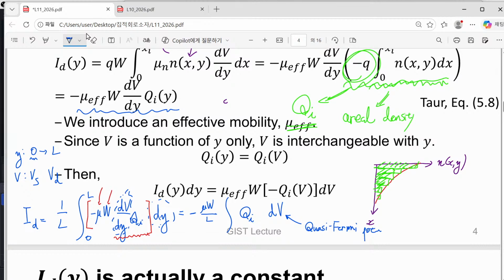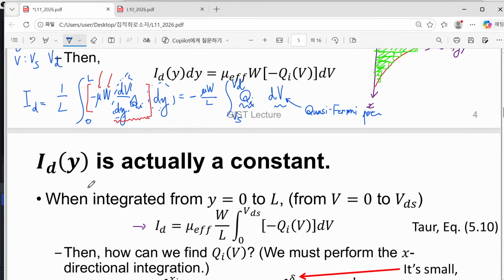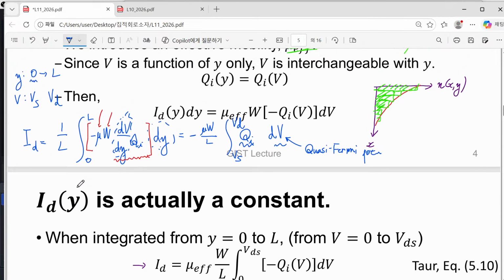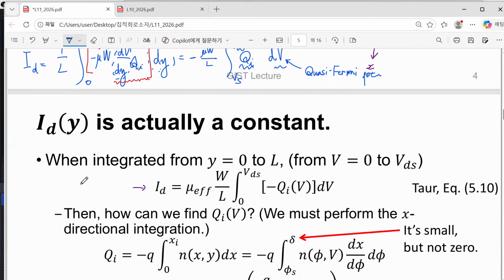So the answer is surprisingly simple. The integration has now changed into the integration of charge with respect to the quasi-Fermi potential from source voltage to drain voltage. That is the result of our long discussion, and so now you can understand. Okay, so that is shown written here, and now we finally have this equation.